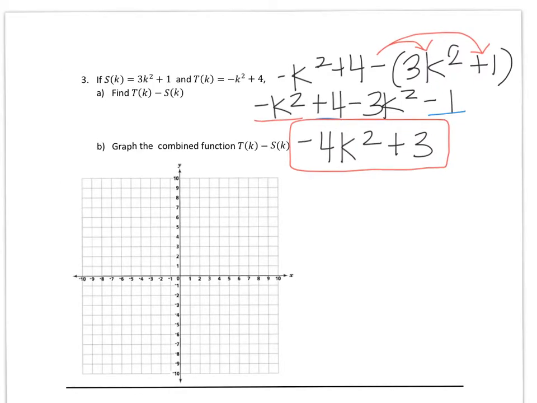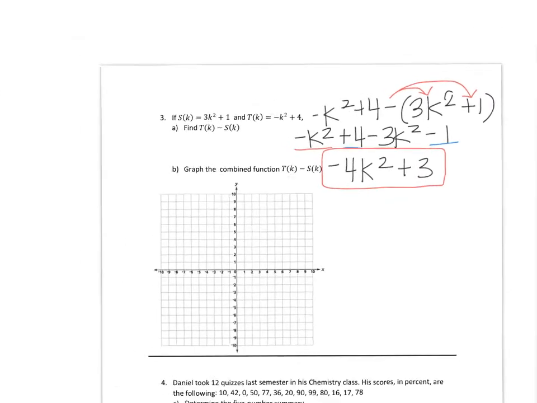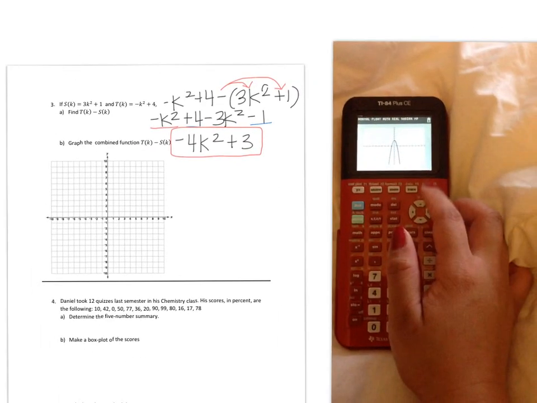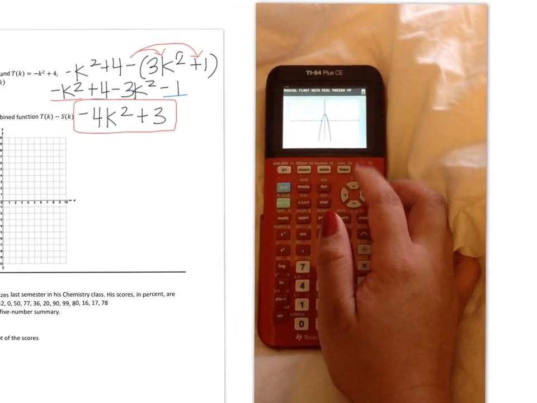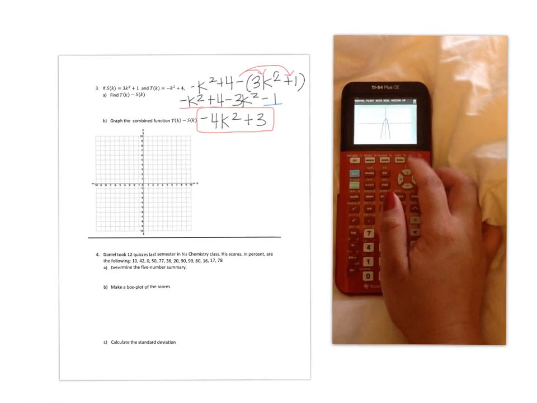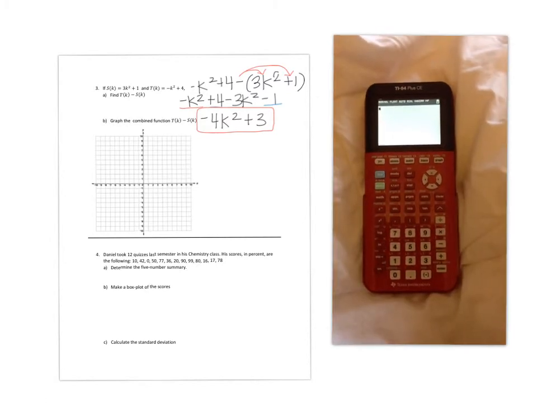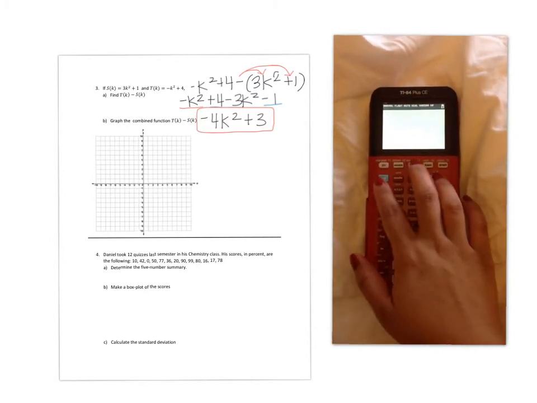Okay, so now you're supposed to use your graphing calculator to graph negative 4k squared plus 3, because that's the answer that we got. So if I show you this video of me doing it on my calculator, let's see. Here you go. To graph that equation, you're going to have to use your graphing calculator.